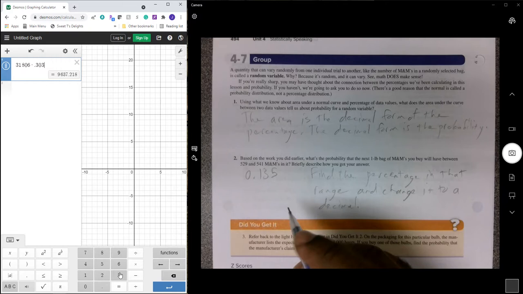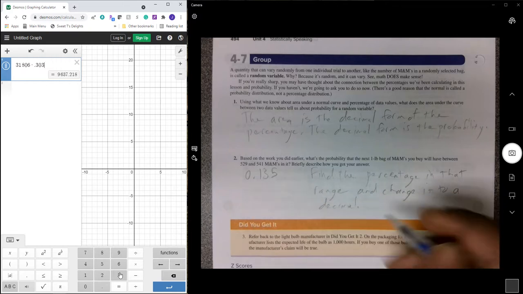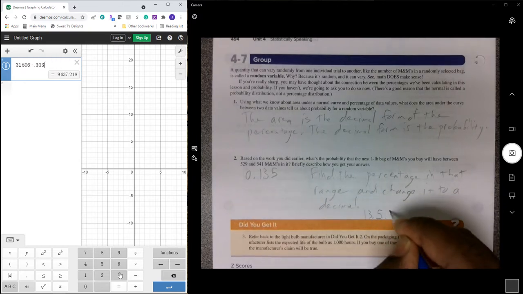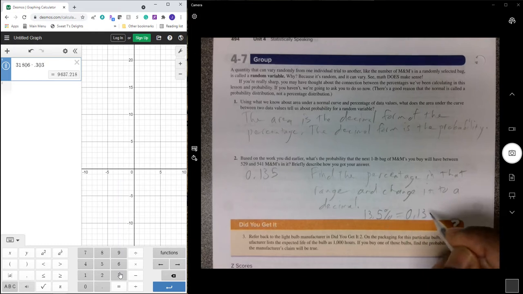Just as indicated, on the table we had 13.5%, which we would change to 0.135. So that's basically it.